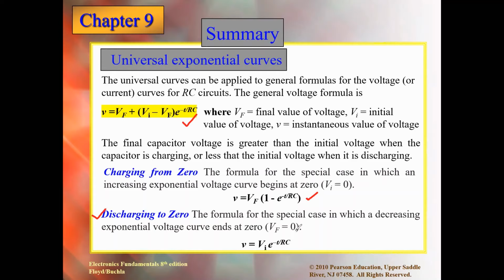So if we put Vf is equal to 0 in this equation, only Vi multiplied by this exponential term will remain. Getting the point? These two equations are basically simplified versions, or special cases, for when we are considering only charging or only discharging. You can even just use the general equation and put the values according to the condition.